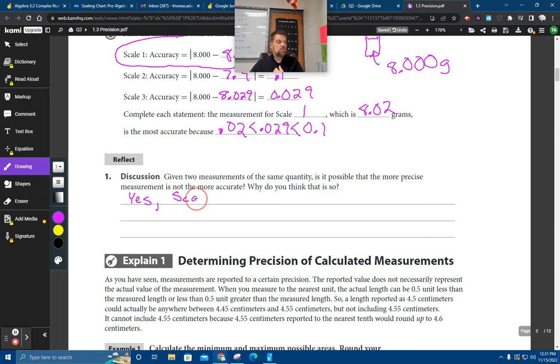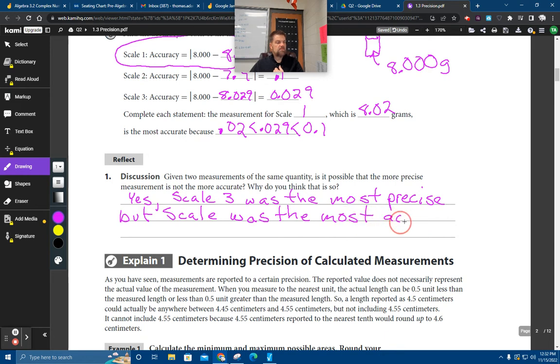Scale 3 was the most precise, but scale 1 was the most accurate.